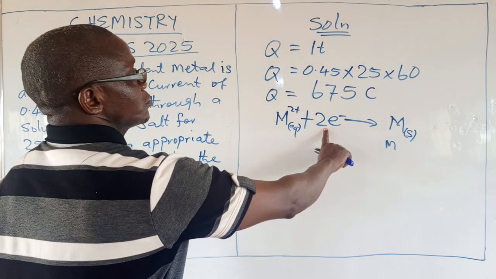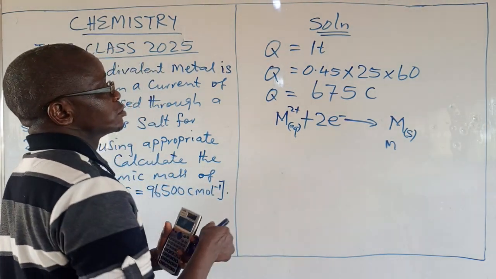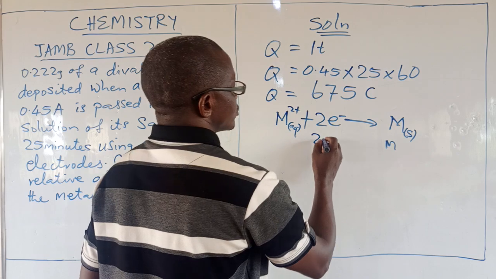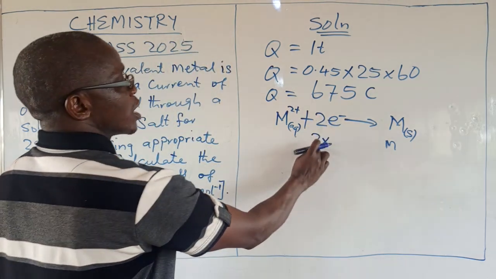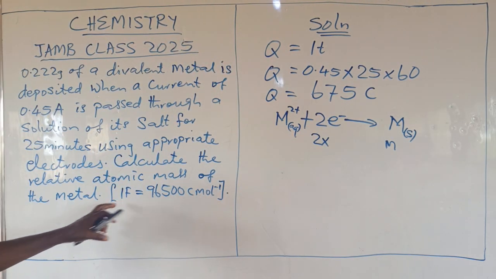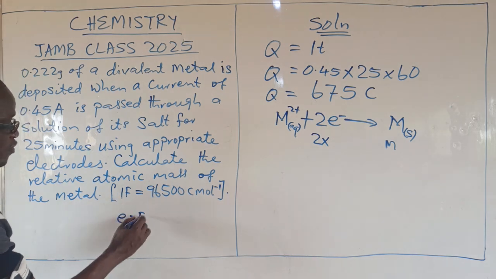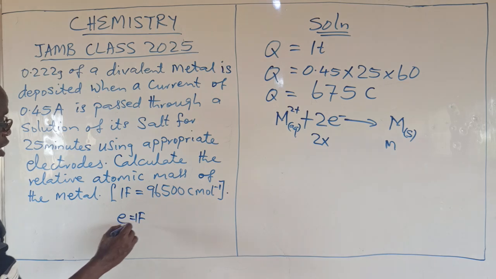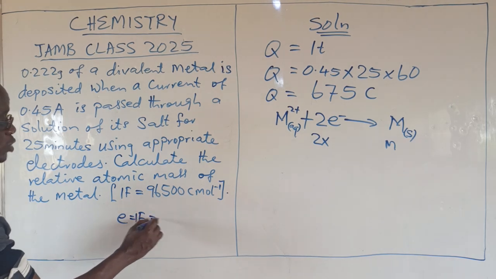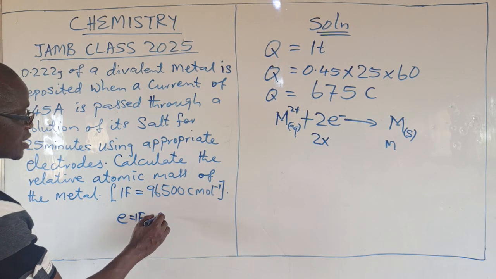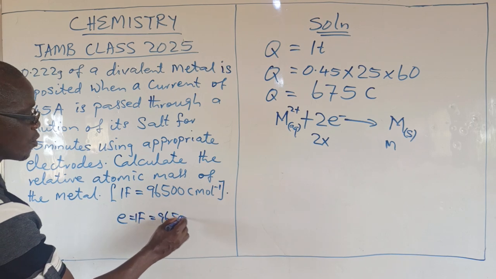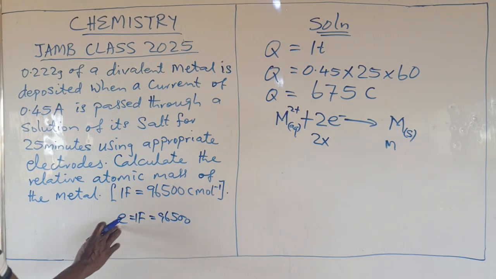So 1 electron times 2, meaning this 2 is what I brought there. Since 1 mole of electron is equal to 1 Faraday of electricity, which is equal to 96500, note this, this is standard.